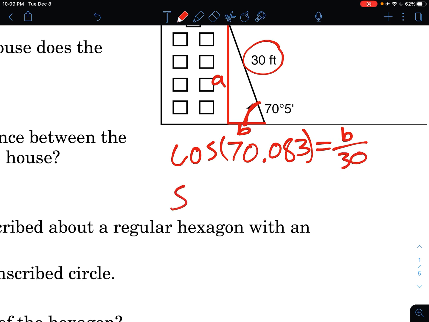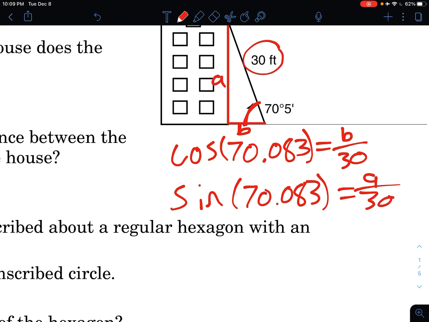And then sine of 70.083 is going to give you the other one, A, over 30, which is your opposite over hypotenuse.